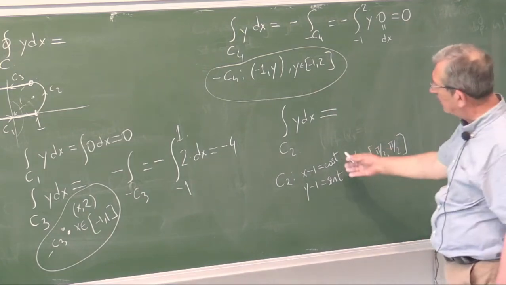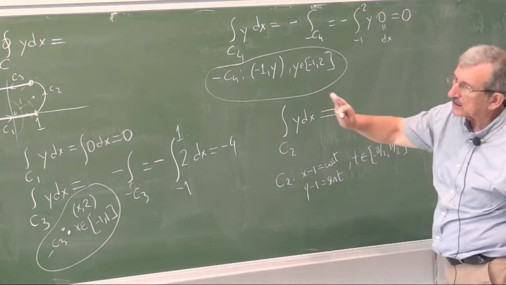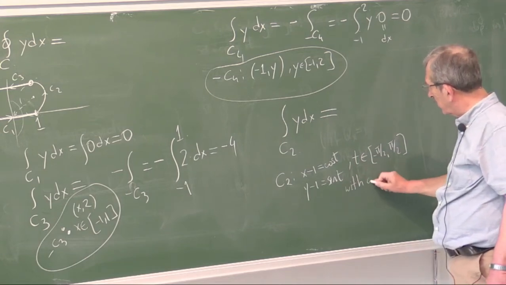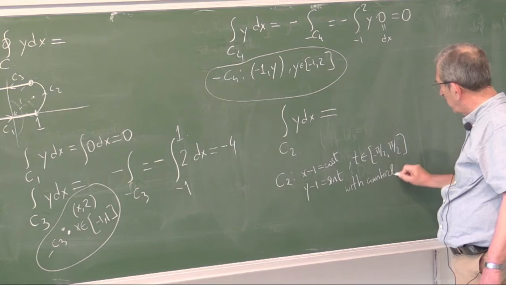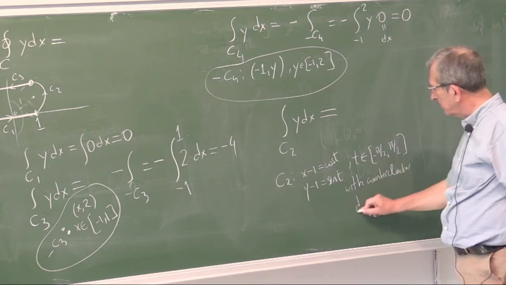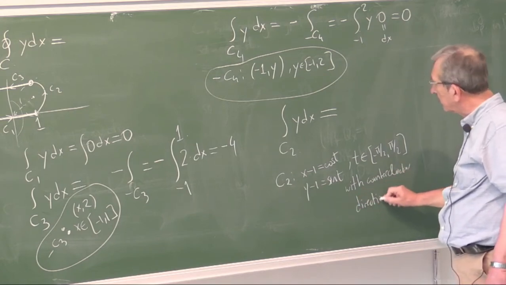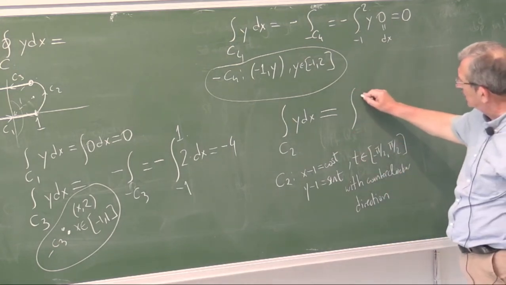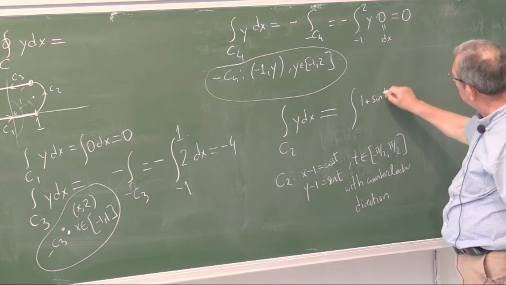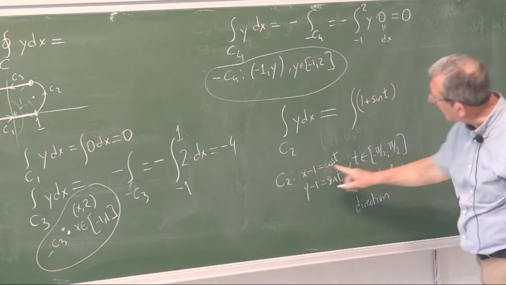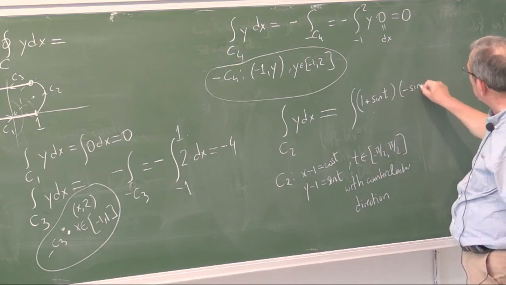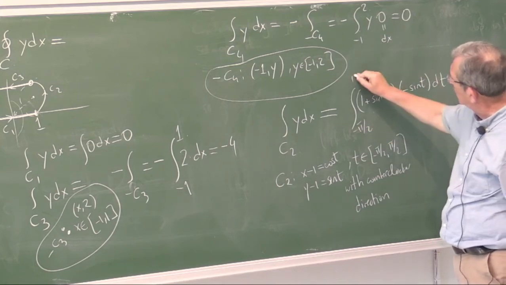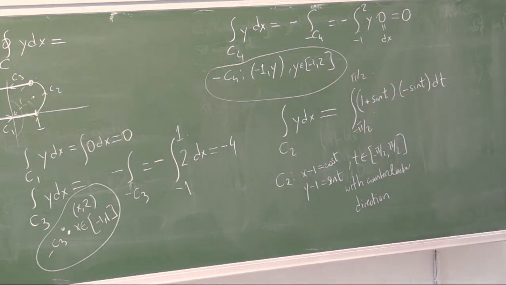And when t increases, it has the correct counterclockwise direction. Well, so this says we have y, which is 1 plus sine t, and we have dx, which is minus sine t dt from minus pi over 2 to pi over 2.